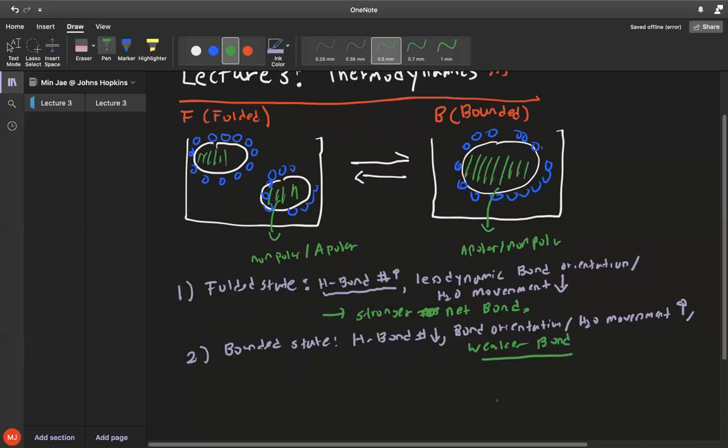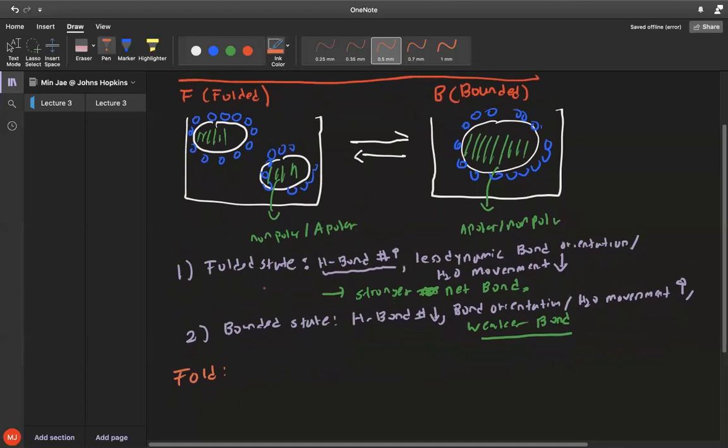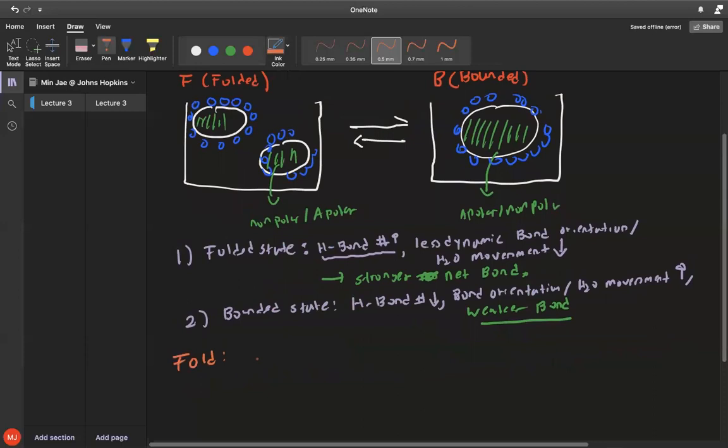Okay. Now let's connect this concept with thermodynamics. Notice that for the folded state we have a stronger net bond, and as we transition from the folded to the bound state, we see a weaker amount of bond, which means you need extra energy input into the folded state to break those bonds in the first place, and then transition it to the more loosey-goosey weaker bond state, which is essentially the bound state.